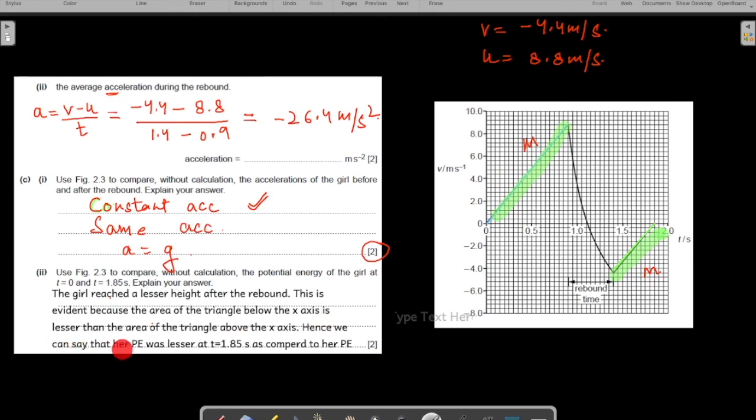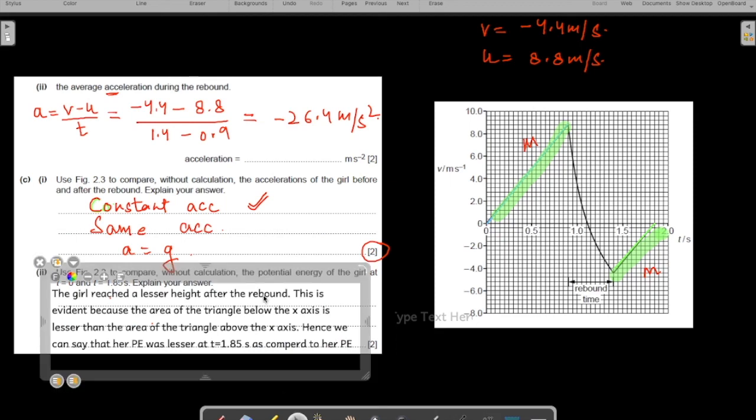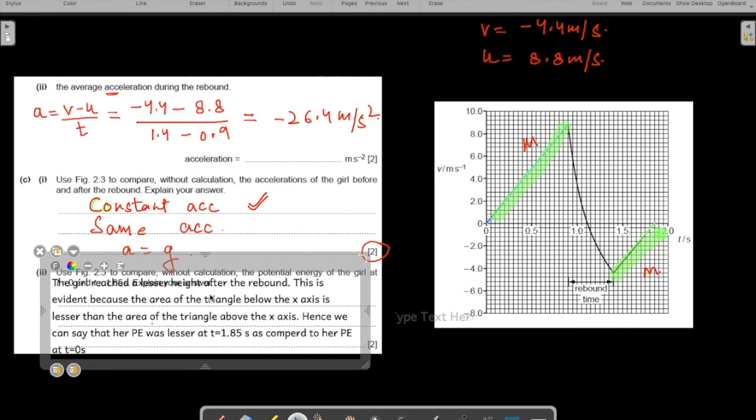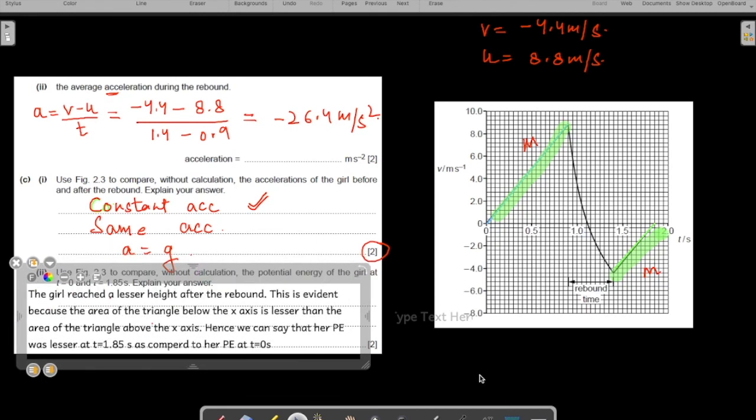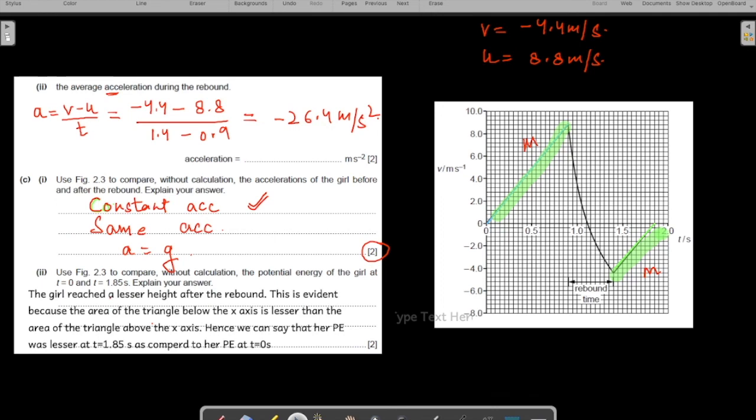Hence, we can say that her PE was lesser after the rebound, which is t is equal to 1.85. You had to compare these two times, right? As compared to her PE at t is equal to 0 seconds. This should be your answer. You can read the answer and understand it. I'll show you the mark scheme as well.